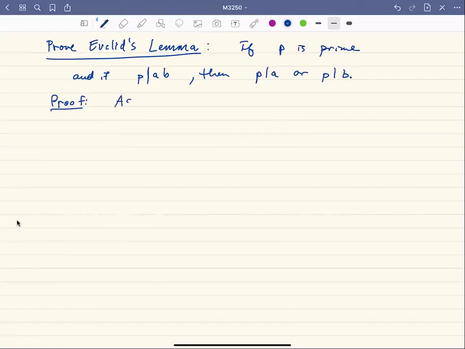Let's assume that p is prime and p divides a times b. Assume p does not divide a. In other words, assume a and p are relatively prime. Well, if a and p are relatively prime, that means that their greatest common divisor is 1.